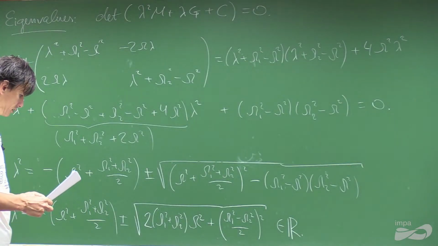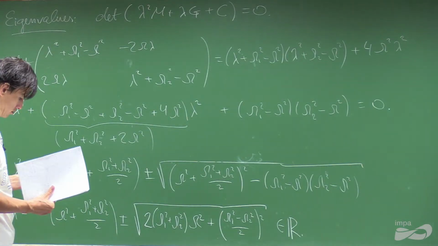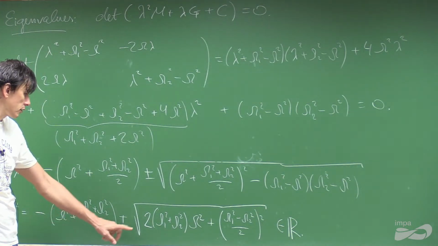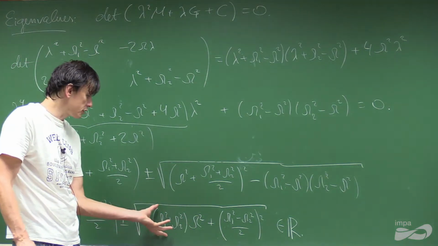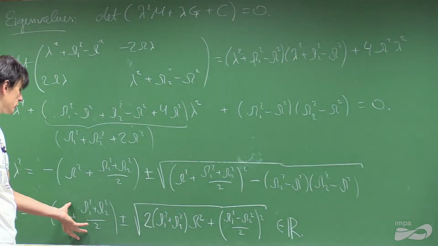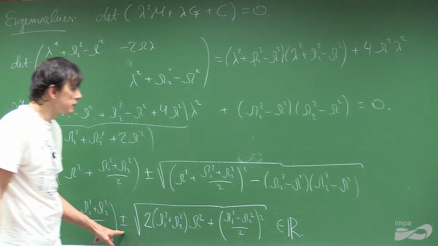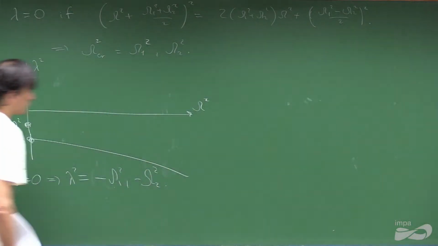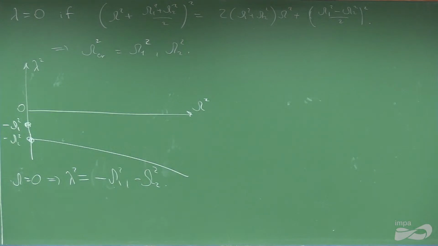So what you can see is, when omega is increasing, this term is getting bigger, and this term is getting bigger. So if you take minus and minus, then the lower eigenvalue will just go down, right? So it's always decreasing by taking minus and minus.